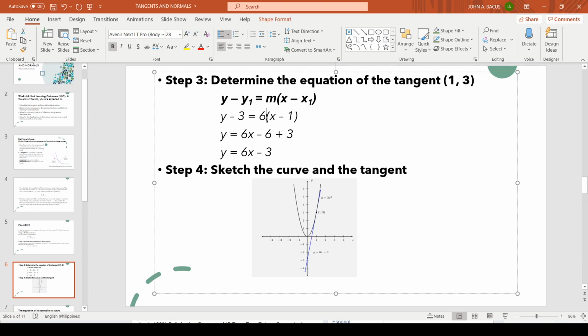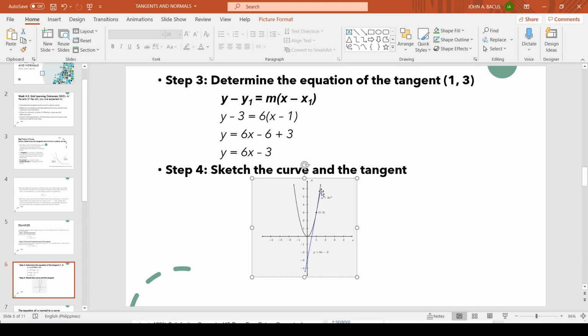Is equal to 6, which is the slope, times x minus another point on your line, which is 1. Alright? So, you just simply simplify. So, y minus 3 is equal to 6x minus 6. So, you are going to multiply 6 times x and then negative 1 times 6. So, distribute, right? And then transpose negative 3 to the right side. You have the equation as y is equal to 6x minus 3.